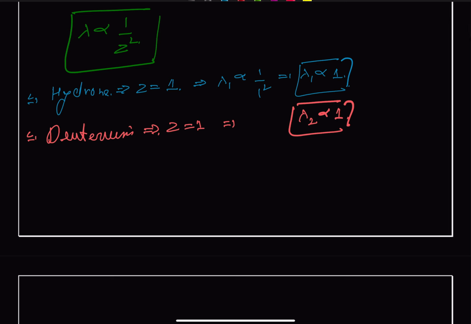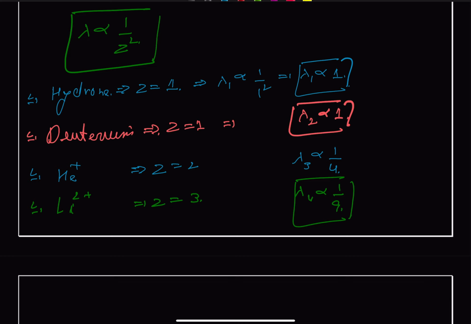Next is our helium 1 positive. And here in this case the value of Z will be equal to 2. Therefore, we get our lambda 3 is proportional to 1 upon 4. And finally, we are having lithium 2 positive. For this, value of Z will be equal to 3, giving us lambda 4 is proportional to 1 upon 9.